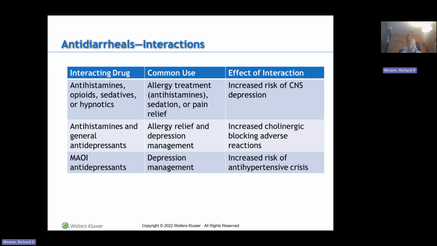And so if there's an increased risk of antihypertensive crisis, it's probably saying that the blood pressure can be lowered even more. All right, that's how I'm interpreting that. It can make the blood pressure decrease quite a bit.